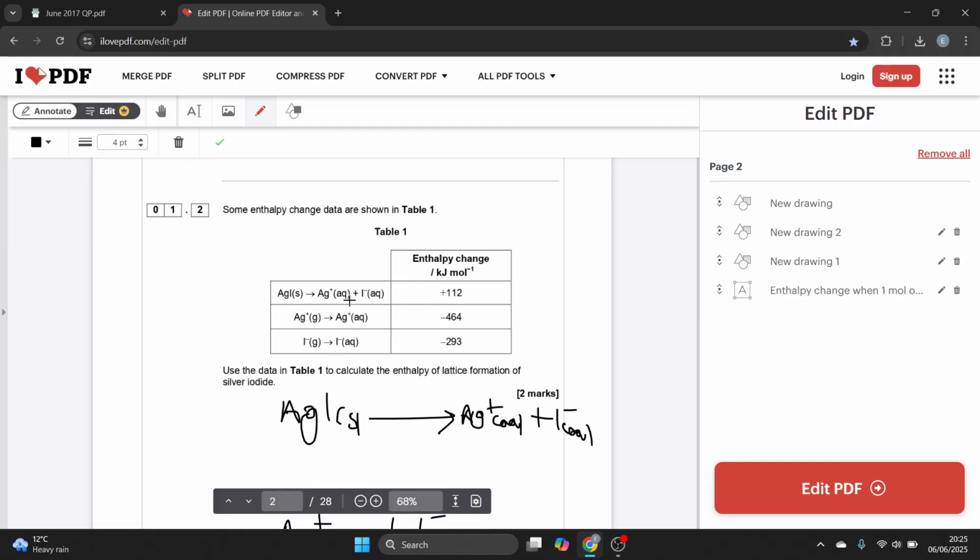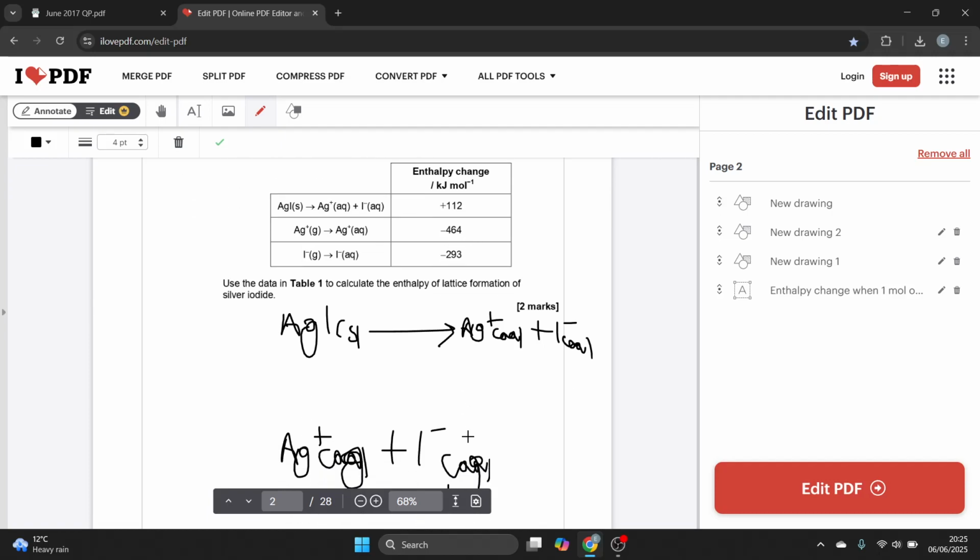Let's have a quick look again at this question. So I want to find the enthalpy of lattice formation of silver iodide. Okay, I overcomplicated it too much.